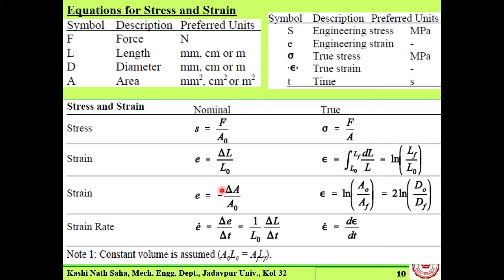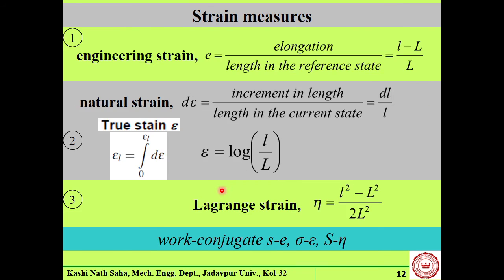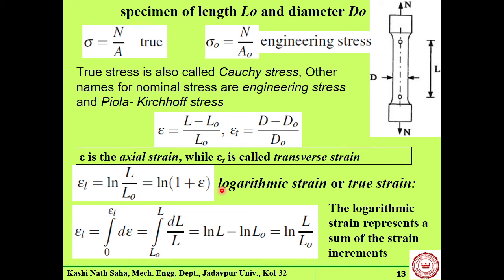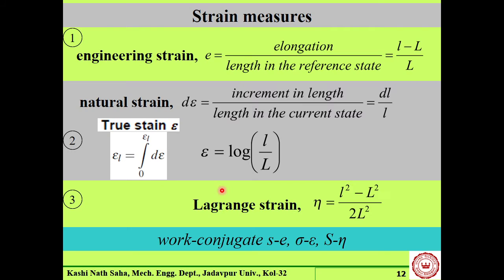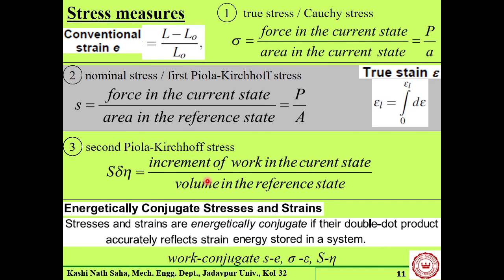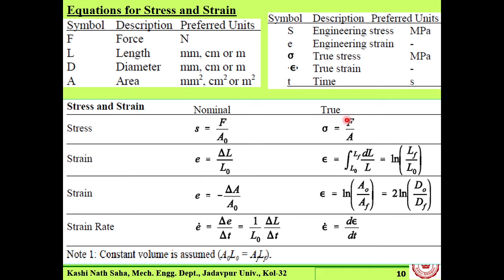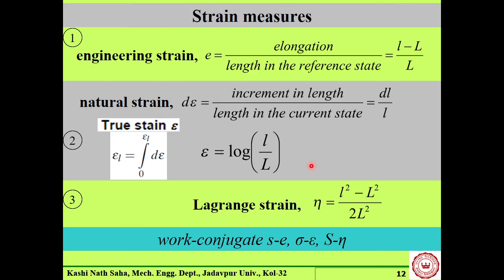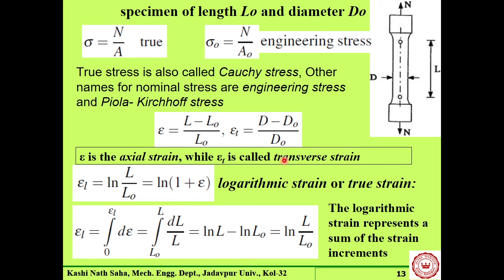There would be some error in the analysis. That is why we require these alternate measures of stress and strain. This is the relationship between engineering stress and engineering strain. You can follow this one, this is the basic thing. Some example is also here.